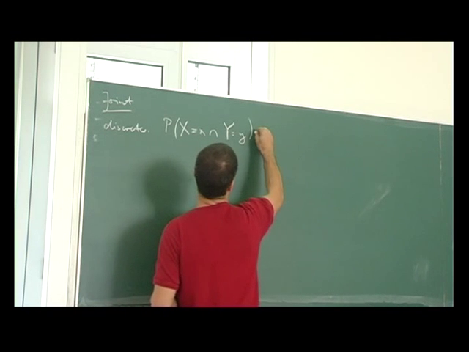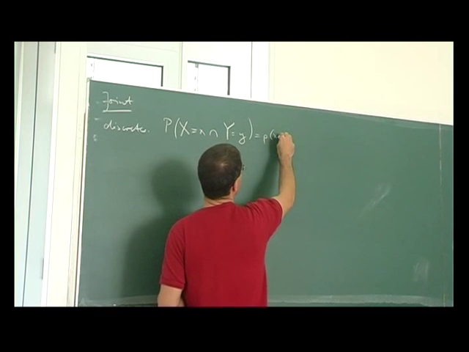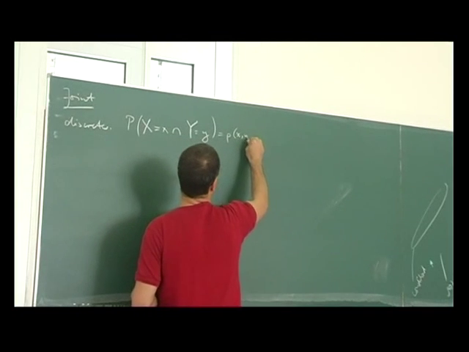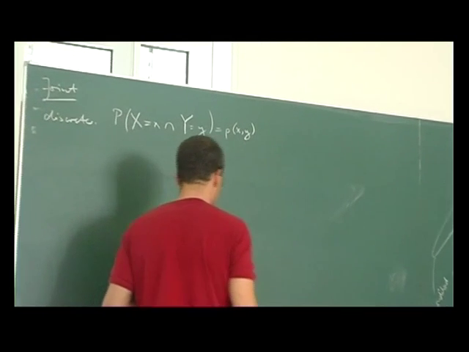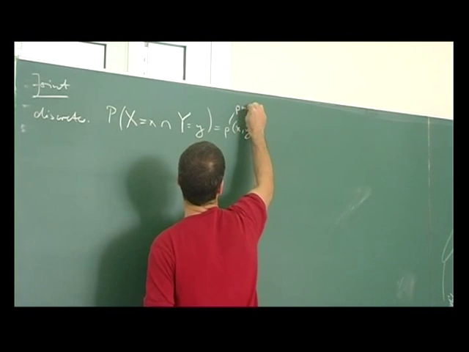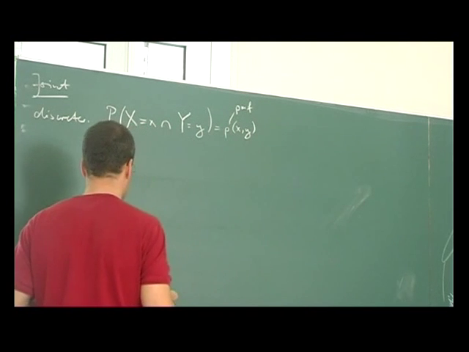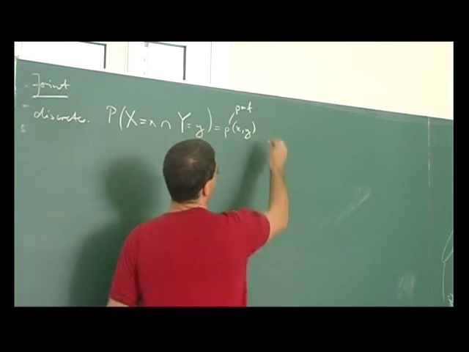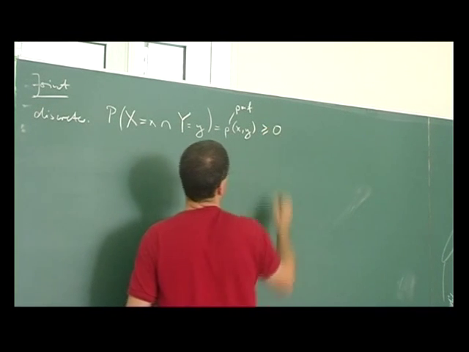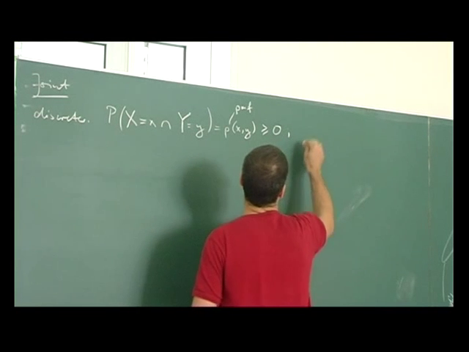The shorthand notation for this is p, a small p, the probability mass function of x and y. This probability mass function cannot be negative, and it should sum up to 1.